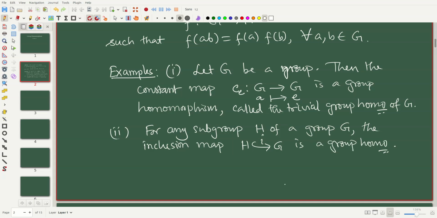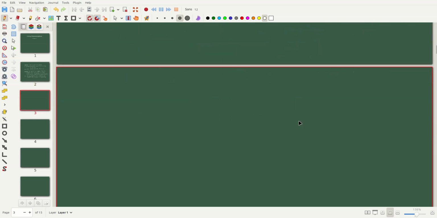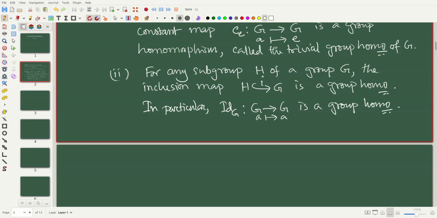This is also a trivial example. In particular, the identity map of G from G into G given by a goes to a is a group homomorphism.